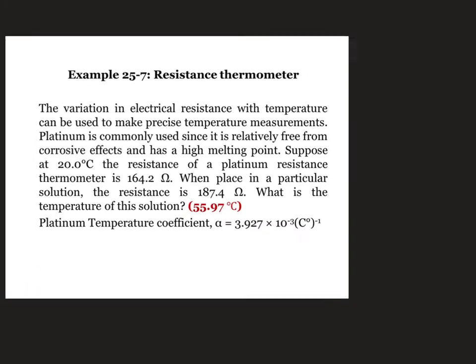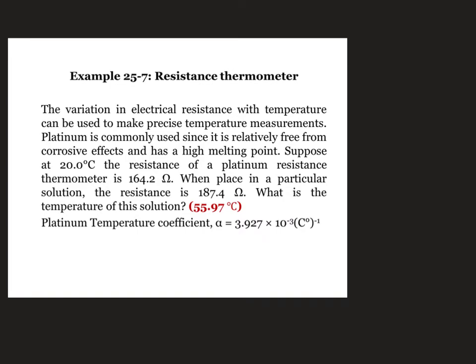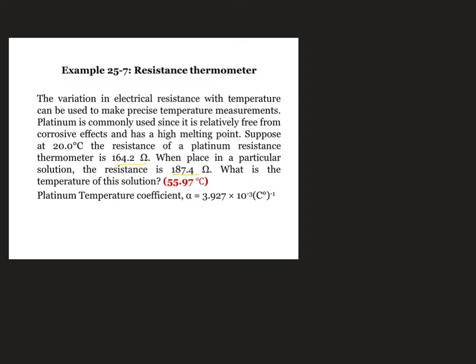Okay, now we are going to answer the questions that relate to temperature. The question asks us to find the temperature of this solution when the resistance changes from 164.2 to 187.4. We are going to use the formula of resistance: R equals R naught times (1 plus alpha change of temperature).